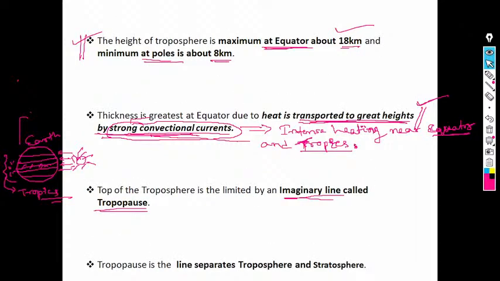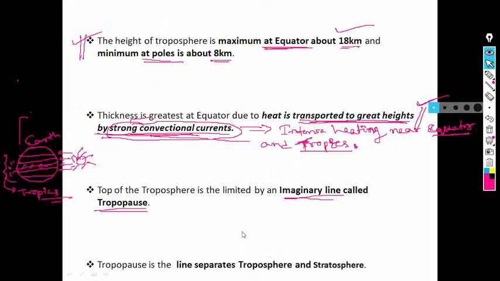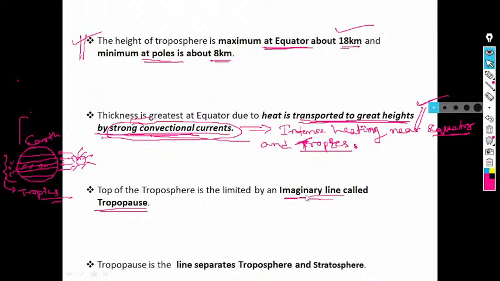This tropopause line separates the troposphere and the stratosphere. It is an imaginary line. Okay, so this is all about your troposphere.